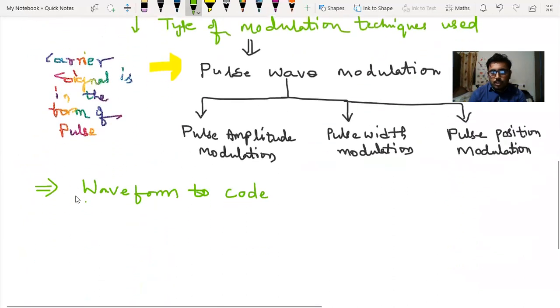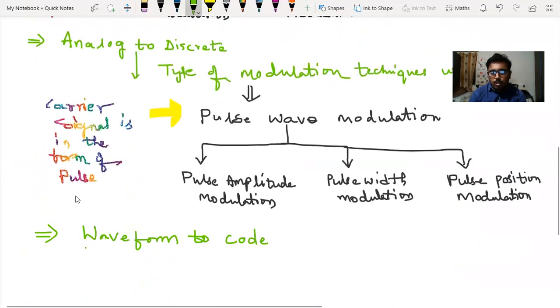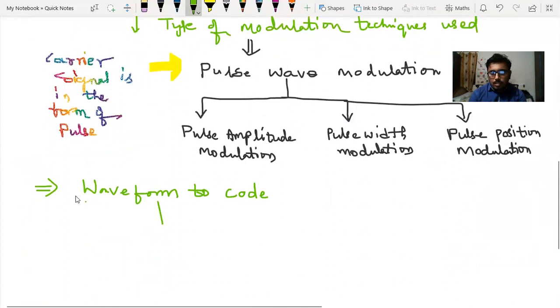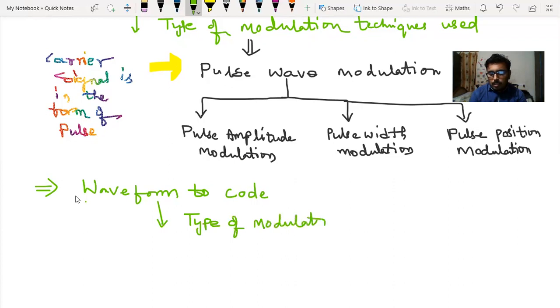So when you are using this type of conversion, waveform to code, which type of modulation techniques are going to be used in this conversion process? That we are going to see now.